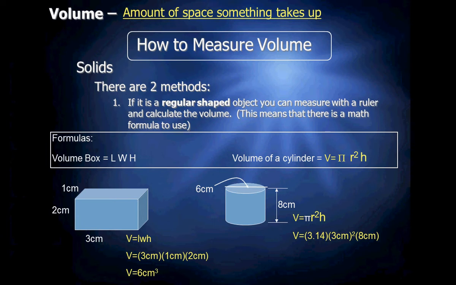Well, for just the units, we square the number, but we also square the units. So centimeters times centimeters is centimeters squared. Times this centimeters, centimeters cubed. So our units are still okay. And the final answer we get is 226.08 centimeters cubed.